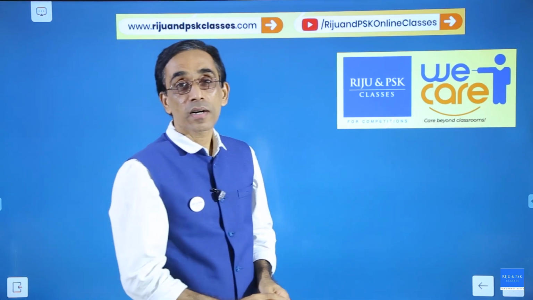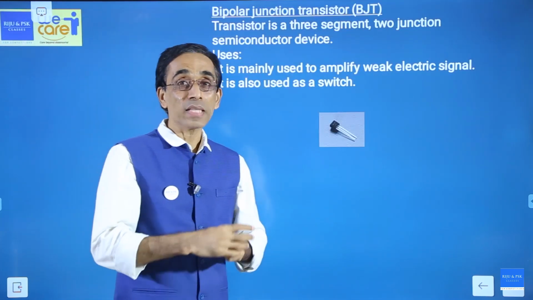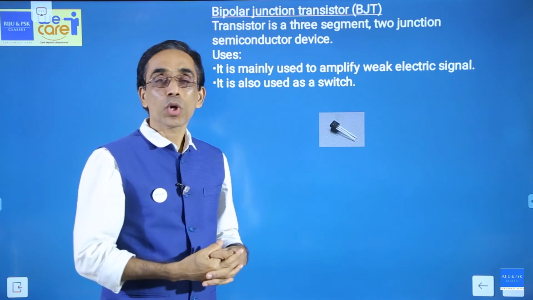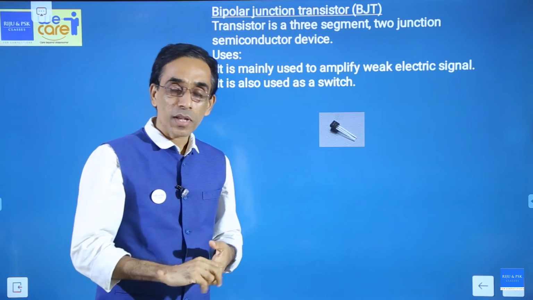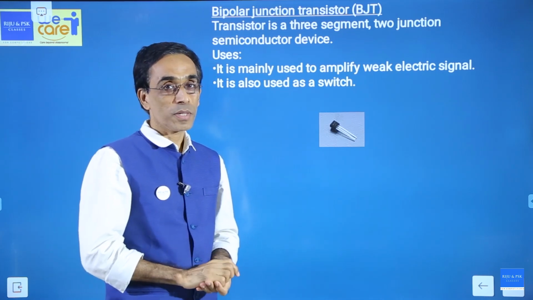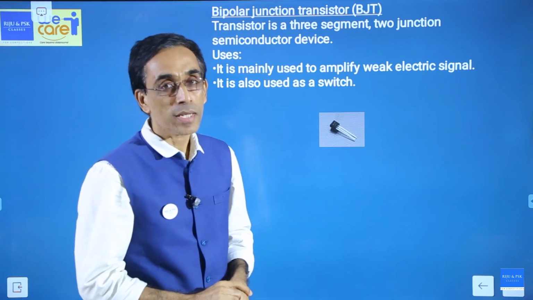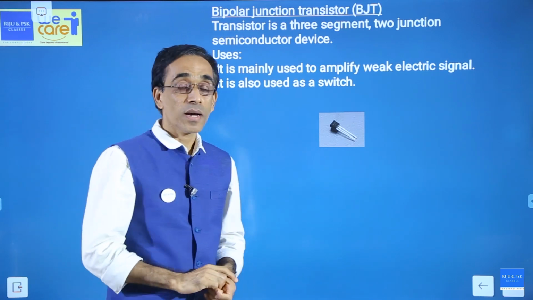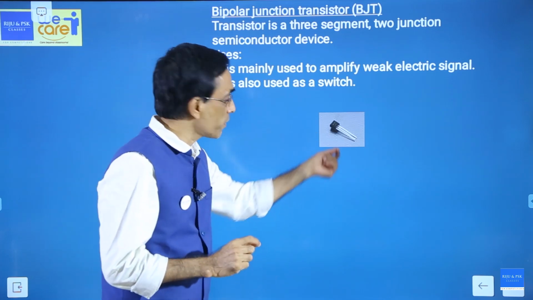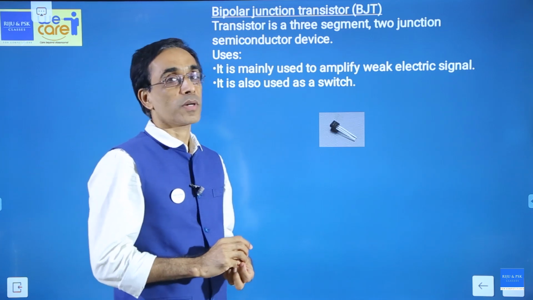We are in semiconductors, and I said in the last class that we are going to discuss an amazing device that changed the world, that gave a lot of freedom to electronics. 1947, India got its freedom. 1947, in America, Bell Laboratories designed and produced a tiny device called the transistor, which gave freedom to electronics.